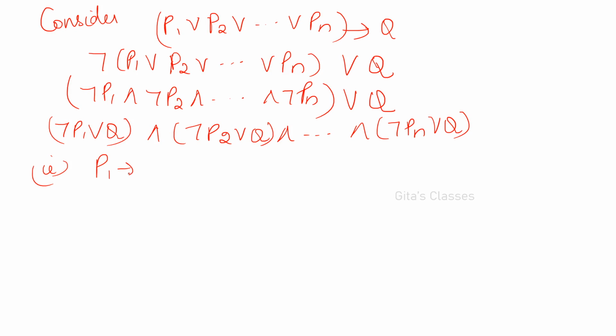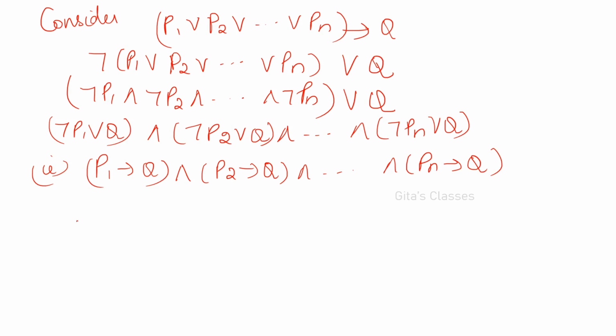P1 conditional Q. So P1 conditional Q and P2 conditional Q and so on, and Pn conditional Q. Because you have AND in between, you have to prove each and every case.